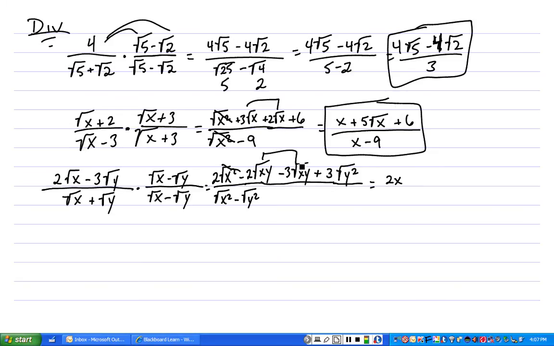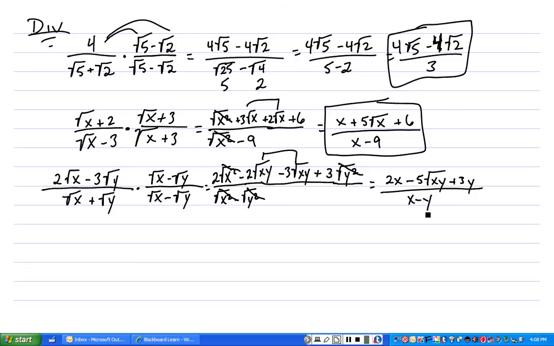These are like terms, they're both square root of xy. So a negative 2 minus 3 is a negative 5 square root of xy. Then square root and square cancel, which leaves plus 3y. All over square and square root cancel, x minus y. So 2x minus 5 square root of xy plus 3y all over x minus y.